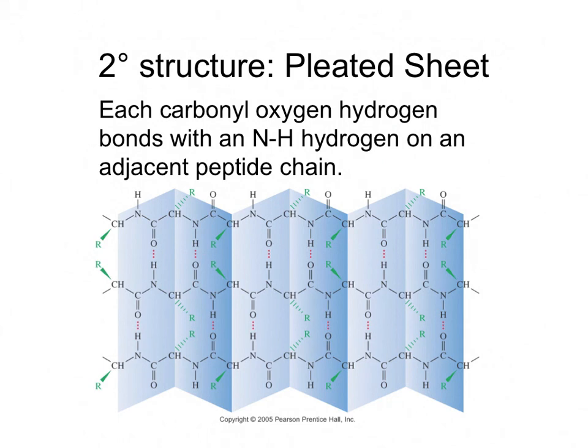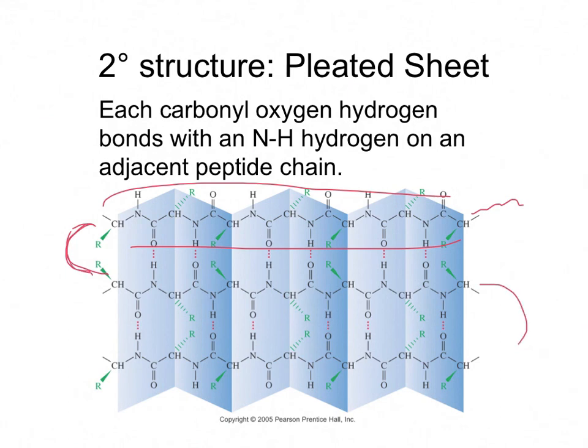This is a little bit tougher to see, these pleated sheets. What this picture isn't showing, it looks like individual chains interacting, but let's kind of draw some more to this. So here's your chain coming in, and you hit this one section that you can see here along the top. Okay, we hit this one section, and then this loops around. So your chain's still continuing. I haven't broken my chain, so it looped around, then it went through this section, and then it looped around here, and it went through this section and loops around.